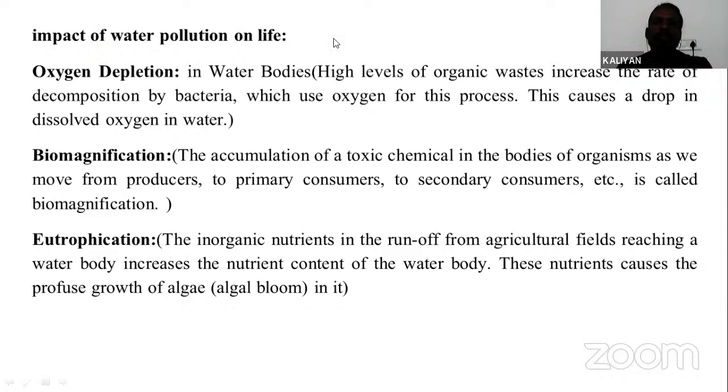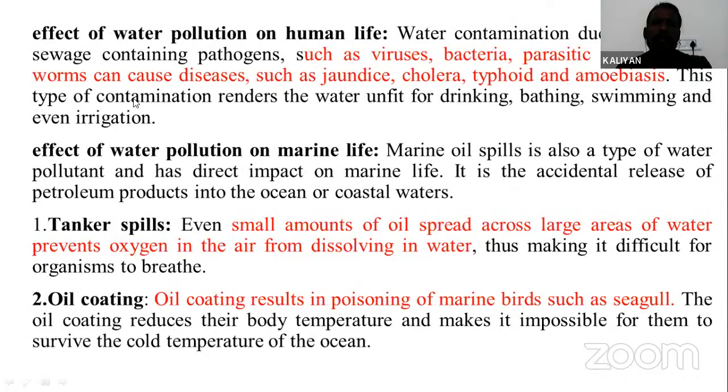And next is the effect of water pollution on human life. They create viruses, bacteria, parasitic protozoa and worms, and diseases like jaundice, cholera, typhoid and amoeba. And for marine life, in polluted water, tanker spills and oil coating are created. A tanker spill means oil spreads across large areas of water and prevents oxygen from the air from dissolving in the water.